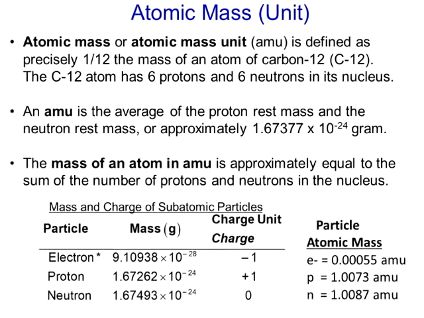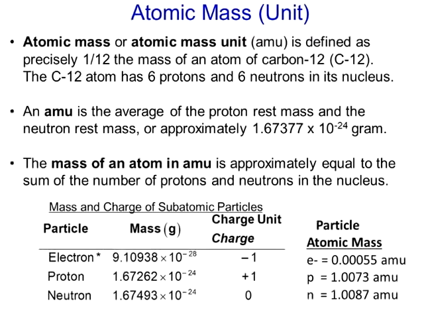All right? And AMU is the average of the proton rest mass and neutron rest mass, and is approximately 1.67377 times 10 to the minus 24 grams. So if you have that number of grams, that's what the mass of a proton or a neutron at rest would be.